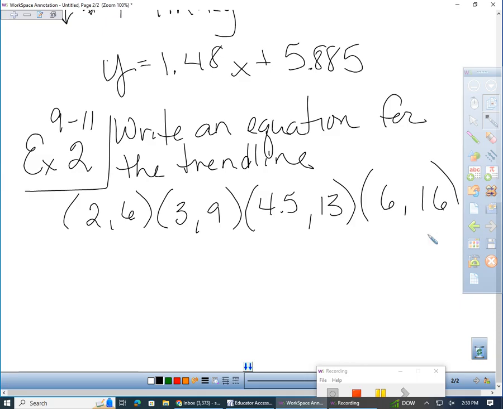Now put all your x values in list 1. And all your y values in list 2. Good. Then you go back into stat, over to calculate, and down to number 4.